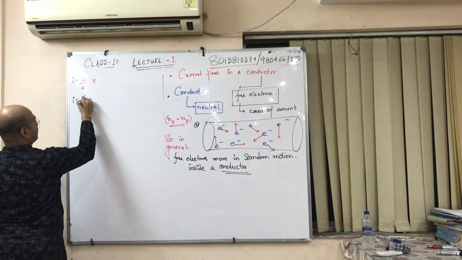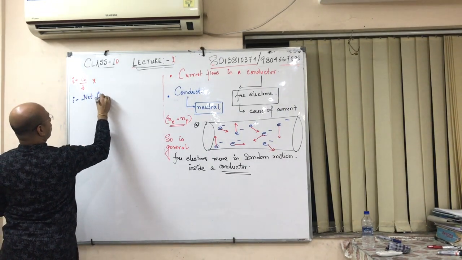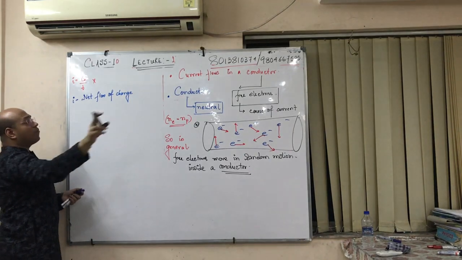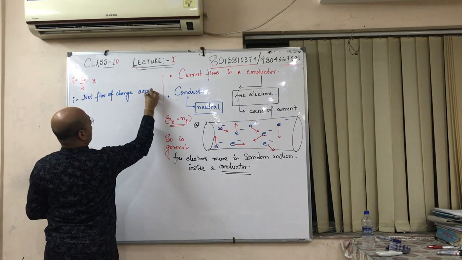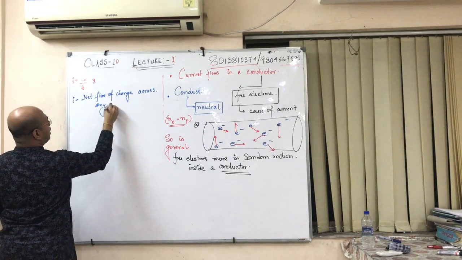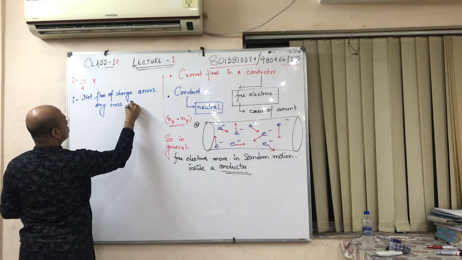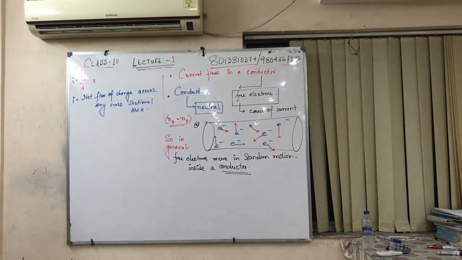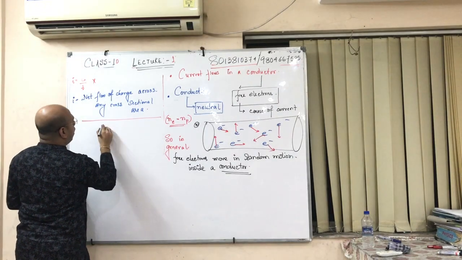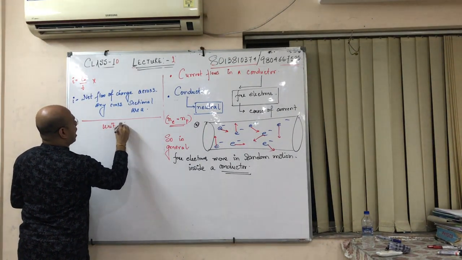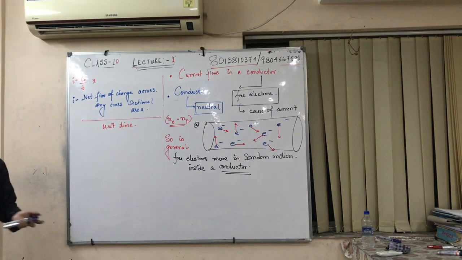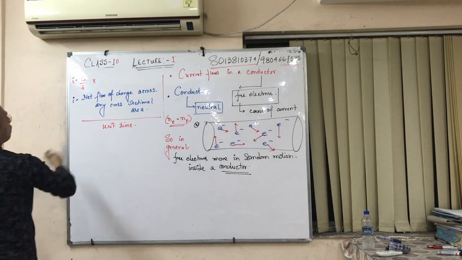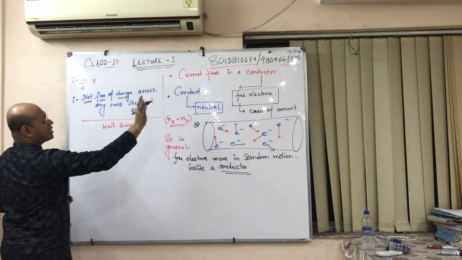Current is defined as net flow of charge across any cross-sectional area per unit time. This is the way current is measured. Net flow of charge.